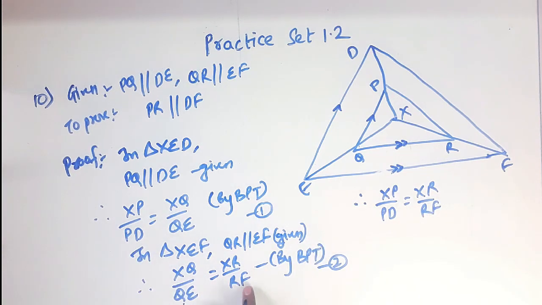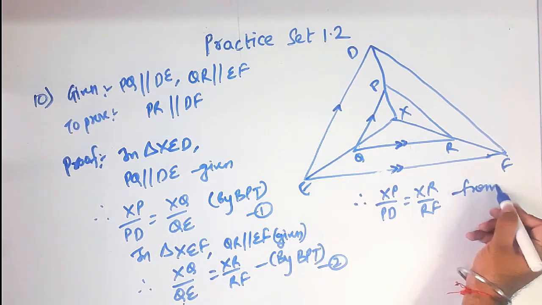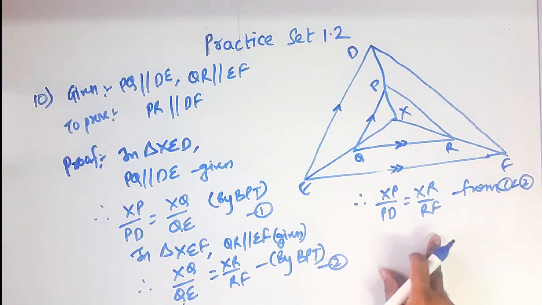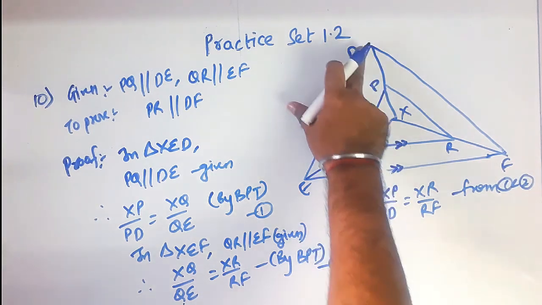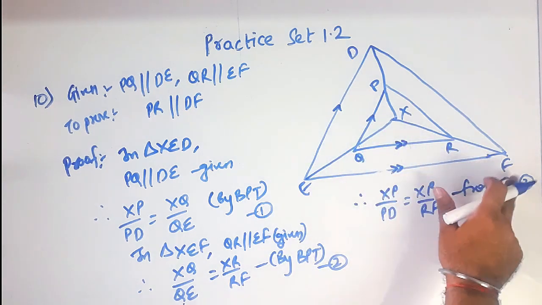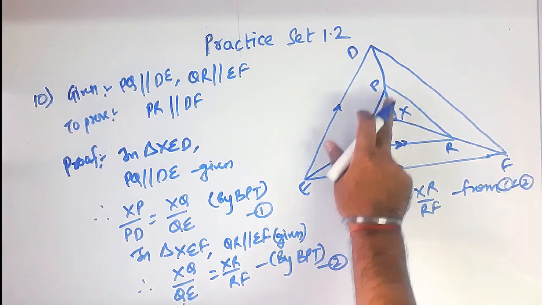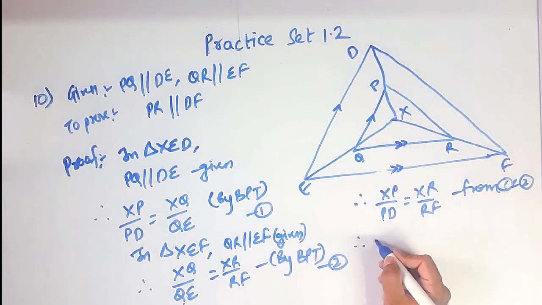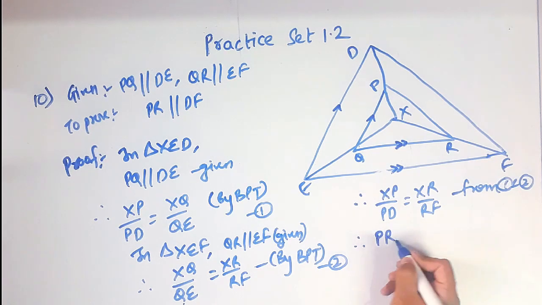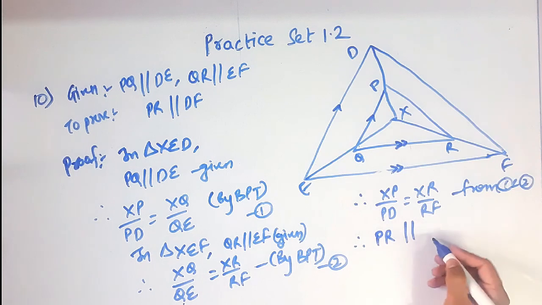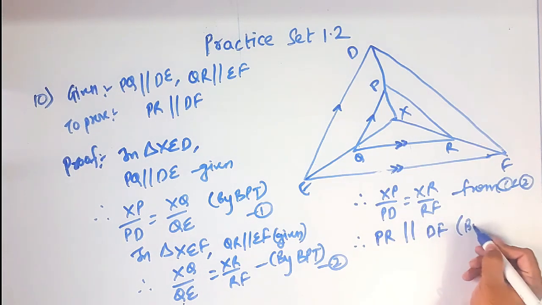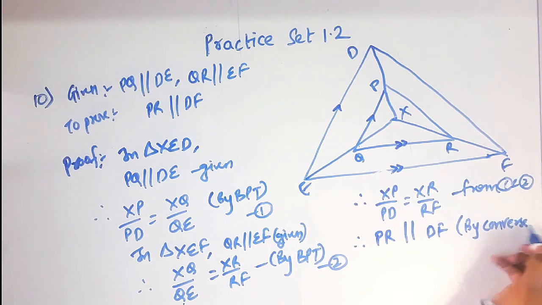This ratio becomes equal to this ratio because this is common in both points 1 and 2. Now I can use the converse of BPT here. That means these two lines are parallel. Therefore PR is parallel to which side? DF. This is by the converse of BPT. So with this we complete our 10th one.